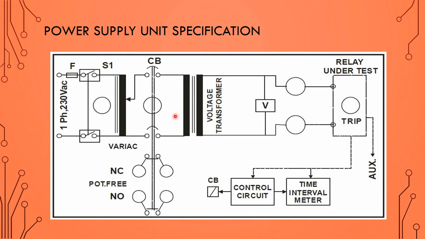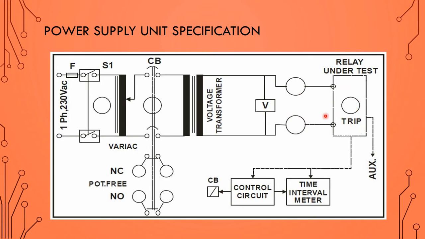That means it is increasing the voltage, because when we give 230 volt, we can feed more than 230 volt at the output of these two terminals. That means this is a step up transformer, or the voltage transformer, PT, whose function is increasing the voltage from the primary to the secondary. This voltage is measured through the voltmeter, and these two terminals are used to feed the voltage to the relay.